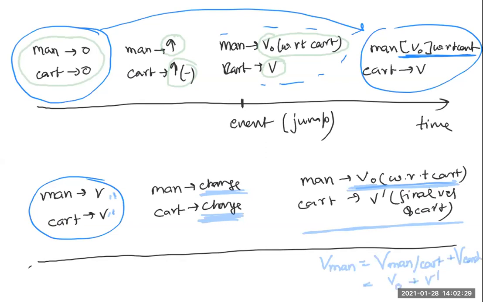In the second question, it comes out to be, in the last question, it comes out to be minus v naught plus v dash. ठीक है?